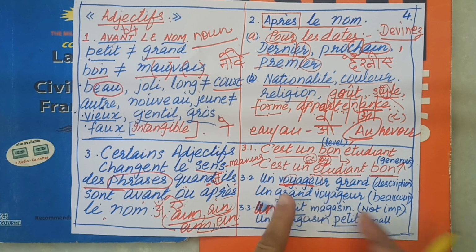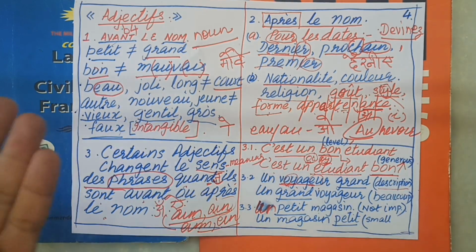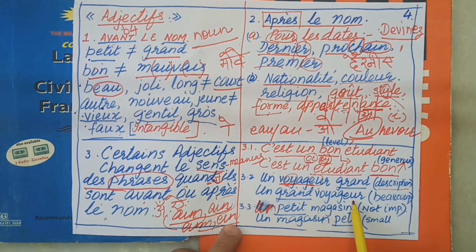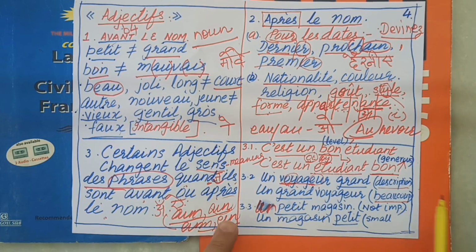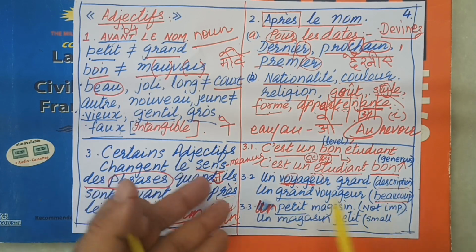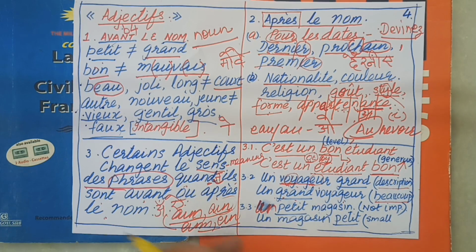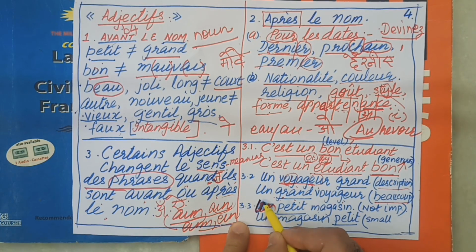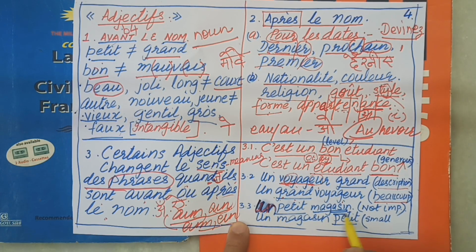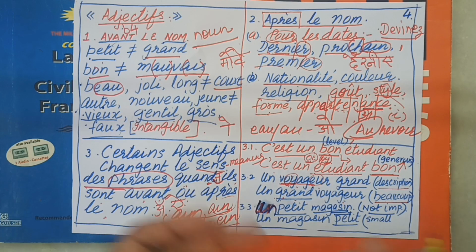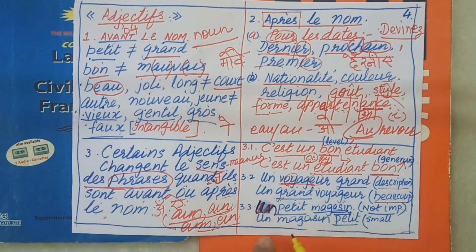So voyageur grand, here the description is very big. Then you have un grand voyageur, meaning a lot, a traveler who travels a lot, right, un grand voyageur. Then you have un petit magasin, magasin is shop, a small shop, that means not important, not so famous, just a small shop.